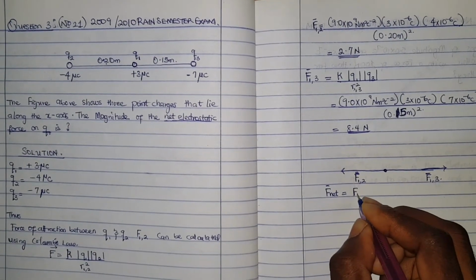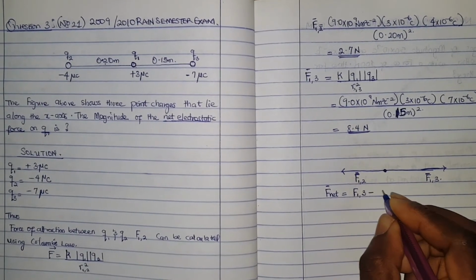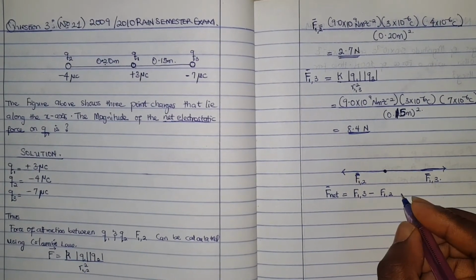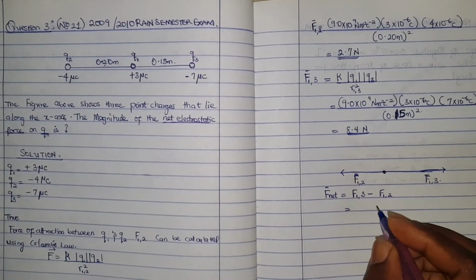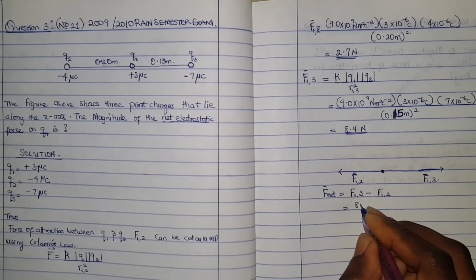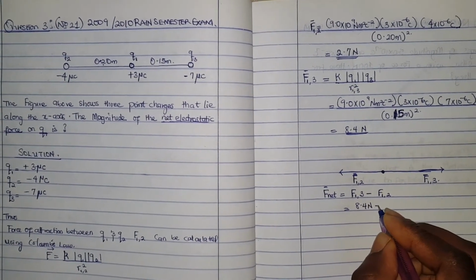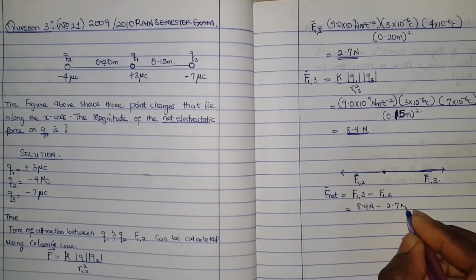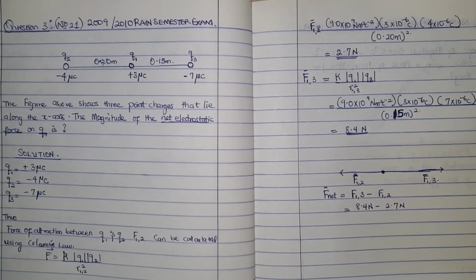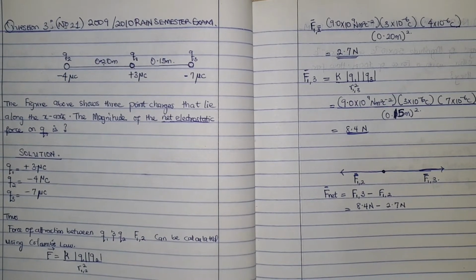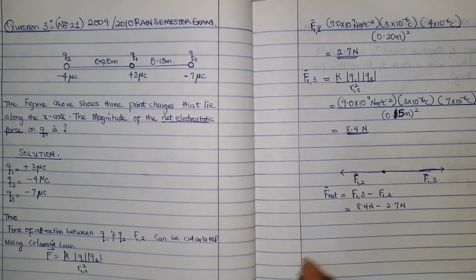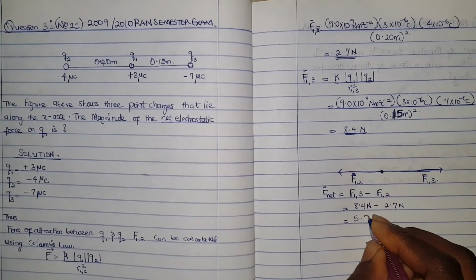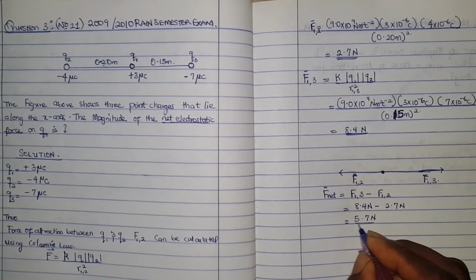F of 1 due to 3 minus F of 1 due to 2, which is equal to 8.4 newton minus 2.7 newton. If you take the difference of the two forces, you are going to obtain your net force as 5.7 newton.